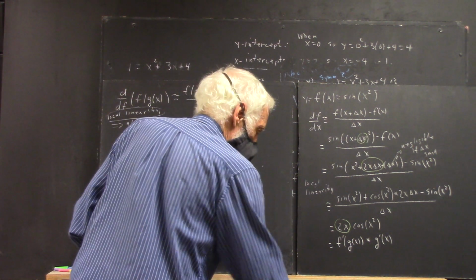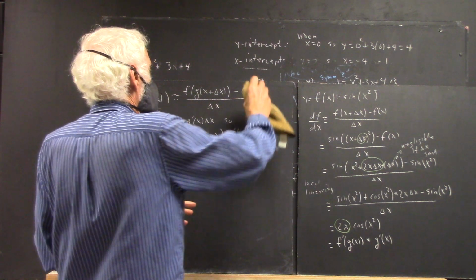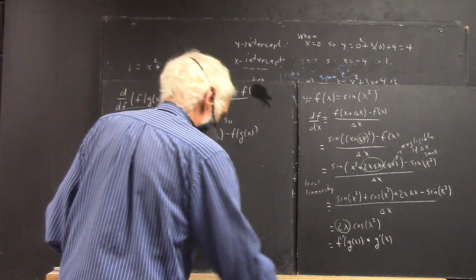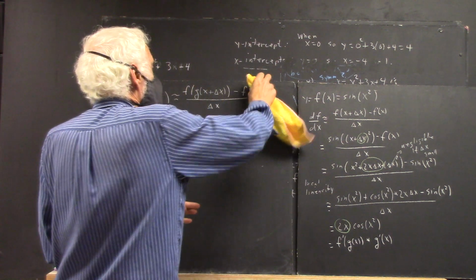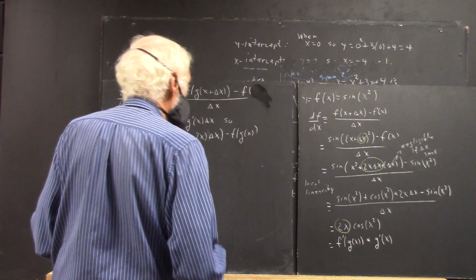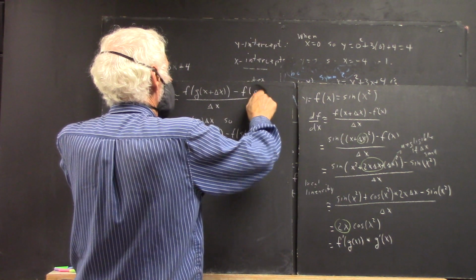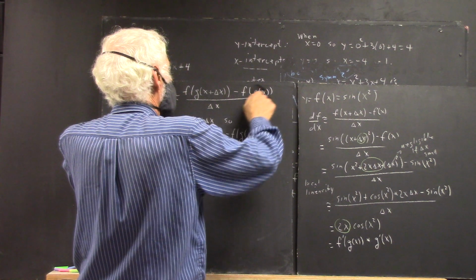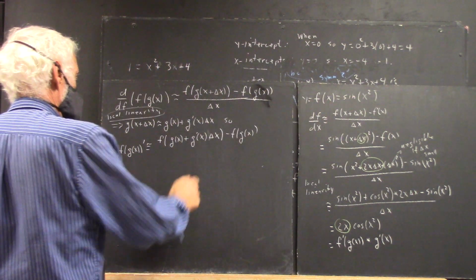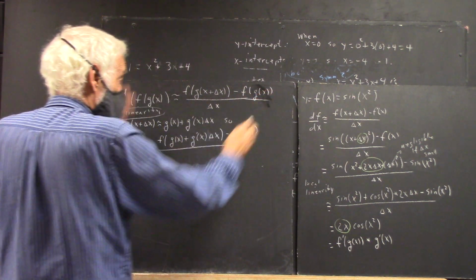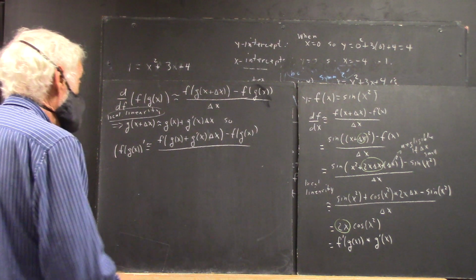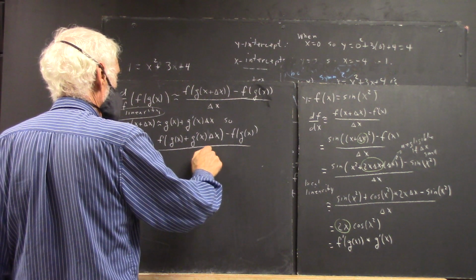Now, I was careless up here. I wrote f of x, and I should have written f of g of x. And it should be obvious why that should be f of g of x. And we divide this by delta x, of course.